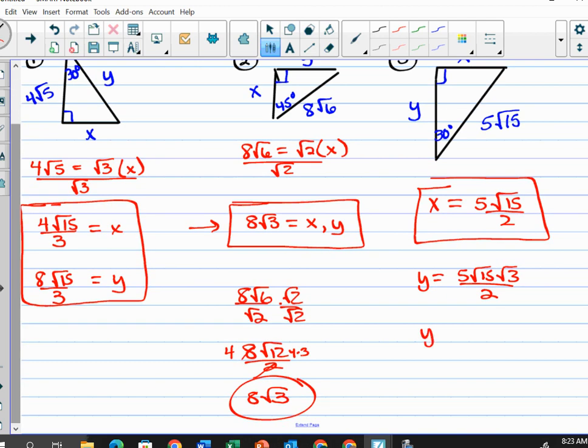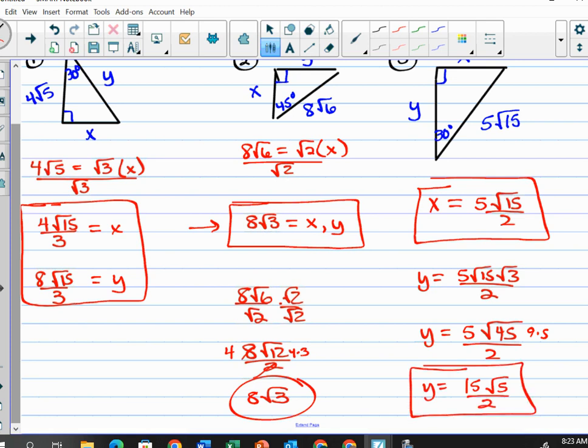Yes, 5 root 45. But 45 is really 9 times 5, right? What's the square root of 9? 3. So this is 15 root 5 over 2. Yes? You got it? Okay.